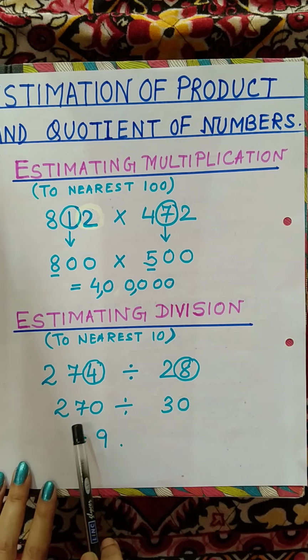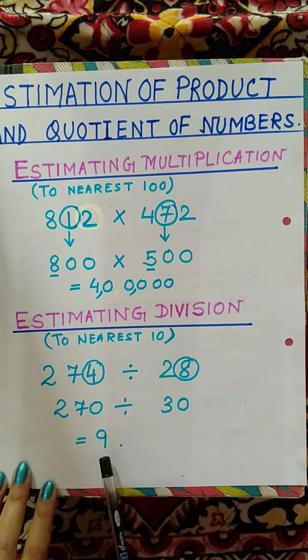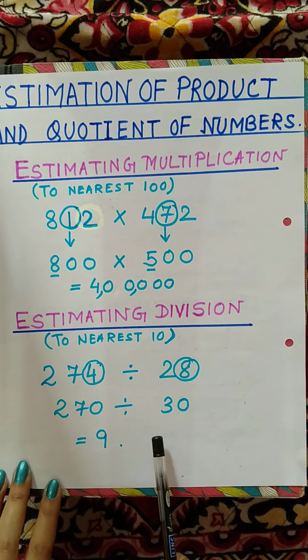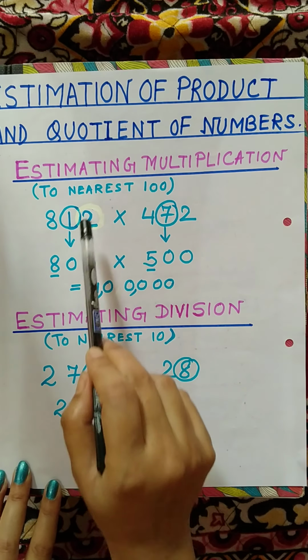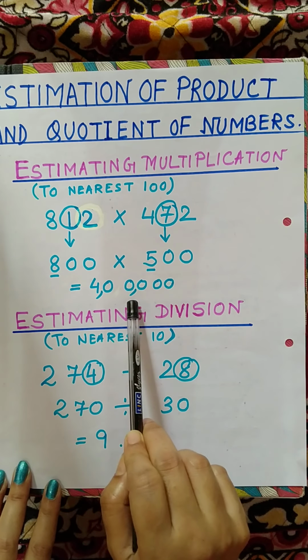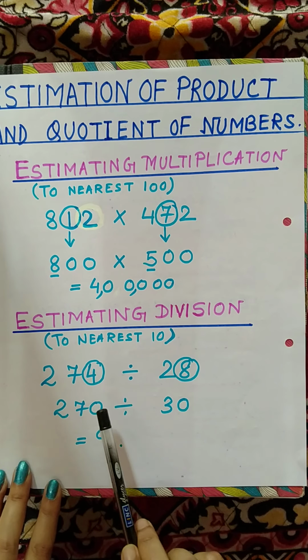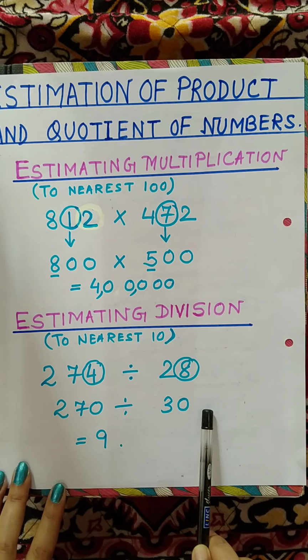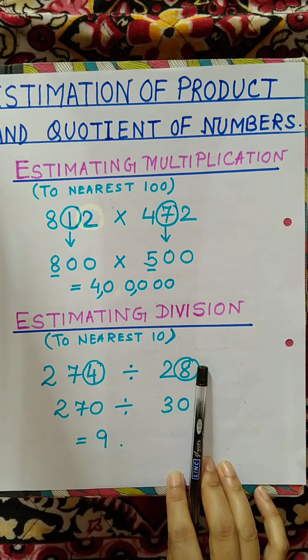Now when we divide 270 by 30, we get 9. Children, you have to remember that the right method of estimation is always to round off the numbers first and then do the operation, whether it is addition, subtraction, multiplication or division. I hope this is clear.